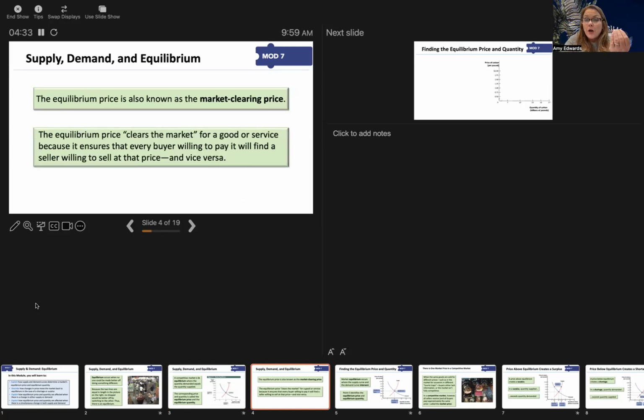So equilibrium price is also known as the market clearing price, meaning that let's just say I had 10 pieces of pizza that I'm selling. If I'm at equilibrium price, I'm going to have exactly 10 pieces of pizza sold. There's not going to be a customer standing around going, you ran out of pizza, I want some.